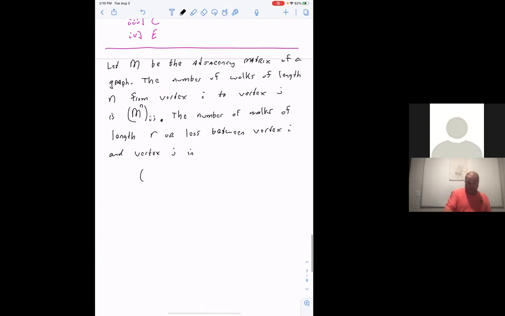What you have to do is look at the original matrix, square it, cube it, go all the way up to whatever number you want, and then look at the ij entry.